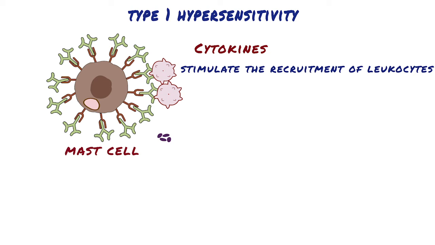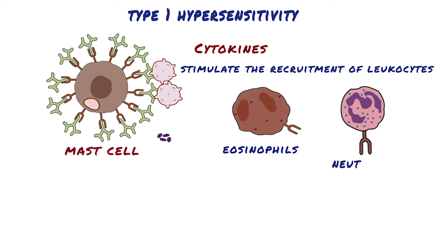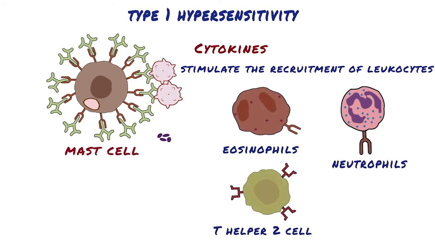The principal leukocytes involved in this reaction are eosinophils, neutrophils, and T helper II cells. Mast cell-derived tumor necrosis factor and interleukin-4 promote neutrophil and eosinophil-rich inflammation. Chemokines produced by mast cells and by epithelial cells in the tissues also contribute to leukocyte recruitment.